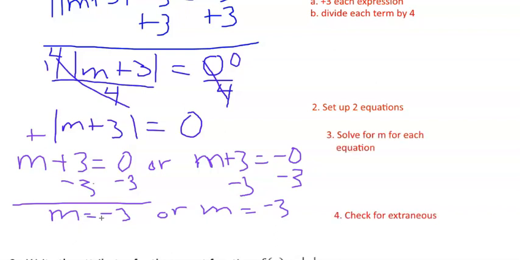And the last step, we'll plug negative 3 back into our isolated equation to see if it's real or extraneous. So the absolute value of m, which instead of m, it's now negative 3, plus 3. Does it equal 0?